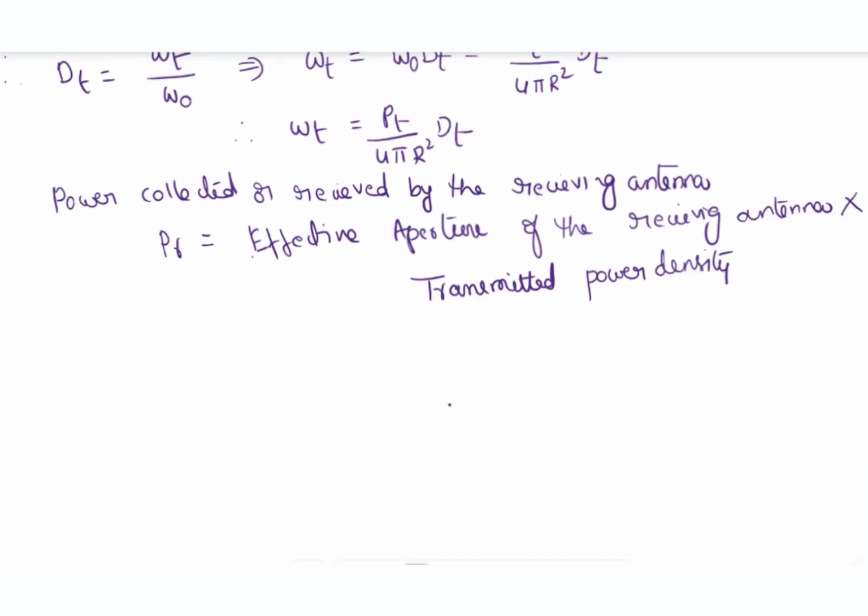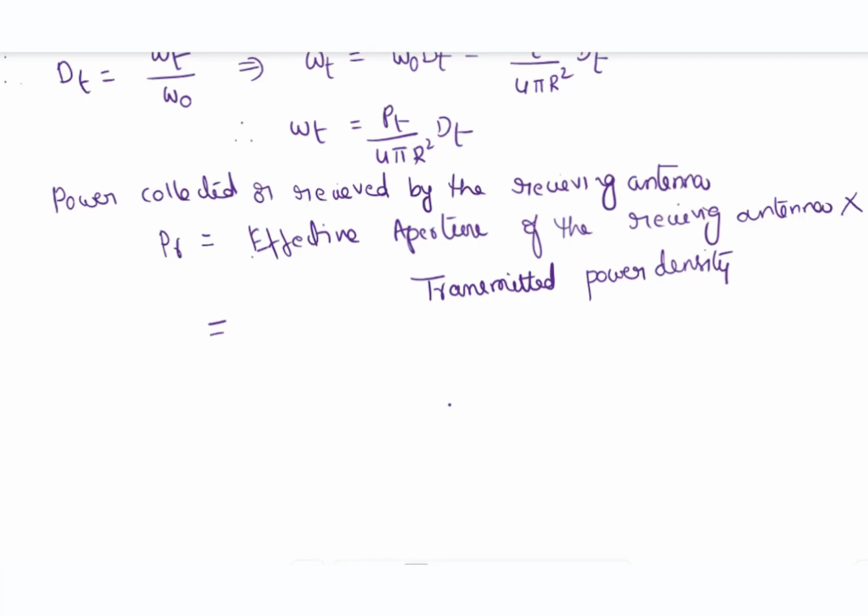In the last video, I explained about effective aperture. Effective aperture relates with the power. If the effective aperture is more, the power received by the receiving antenna is more. So this is the expression of the power received. Here also the power received is effective aperture of the receiving antenna into transmitted power density.